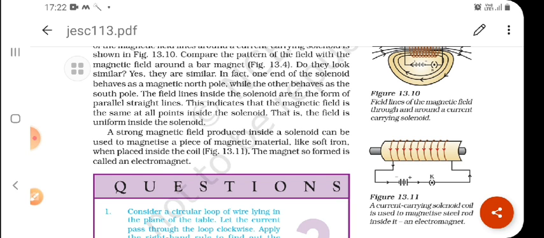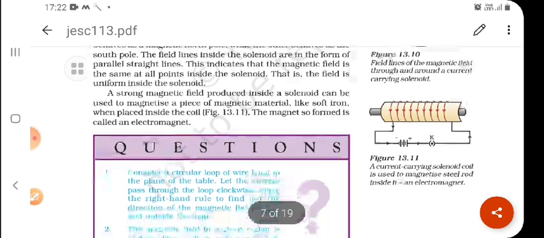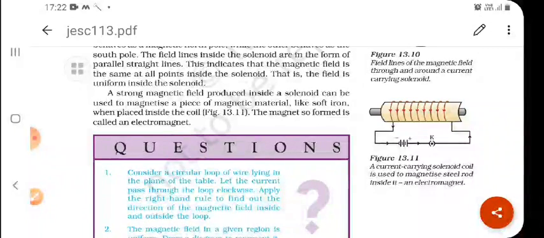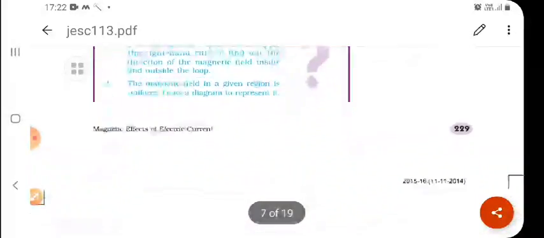When this soft iron is placed inside the solenoid coil, we can make an electromagnet. The magnet so formed is called an electromagnet. A current carrying solenoid coil is used to magnetize a steel rod inside it, and it is an electromagnet. So with the help of a solenoid, we can make an electromagnet.